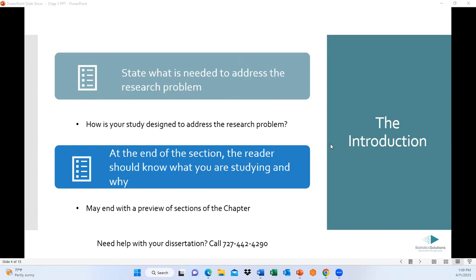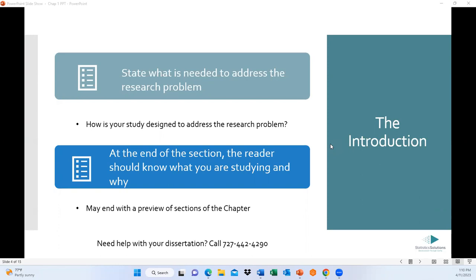So, and this is not a long section, it's probably about a page, all right? Because you're not really getting in depth about things, you're putting them on the table and saying, hey, this is what my study is going to be about, here's why. At the end of the section, the reader should know what you're studying and why. And again, this is all going to be worked out in more detail as you go along.